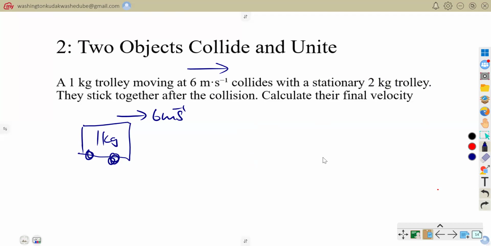Let's take note of that. This is my 2 kg trolley with its wheels, but it is stationary. So the velocity of object 2 is 0.